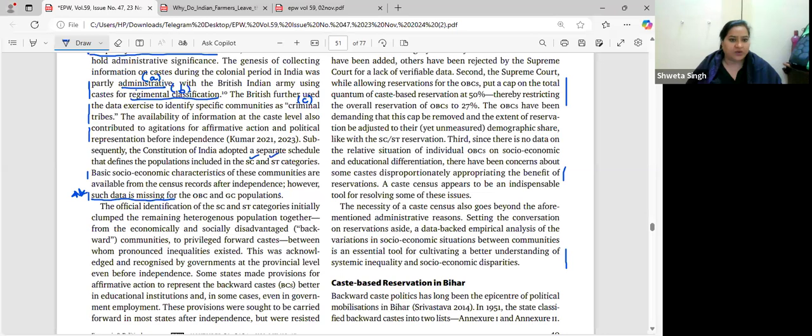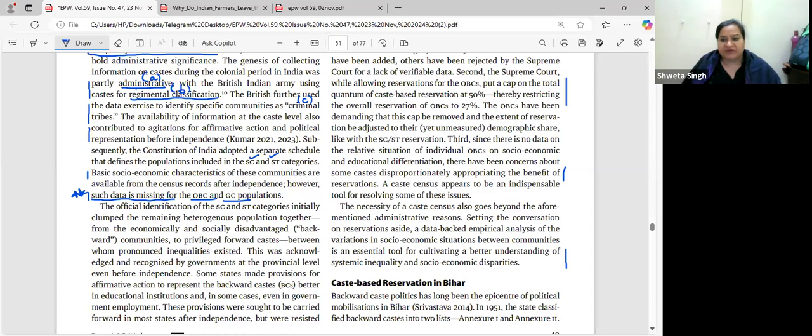SC/ST information we had, who is getting identified, who is put in the scheduled list, but we did not have data for OBC and the general population, what the category is, what the socio-economic indicators are on the basis of which you consider a community to be general, or on what indicators you consider a community to be OBC. That data was missing even after independence.